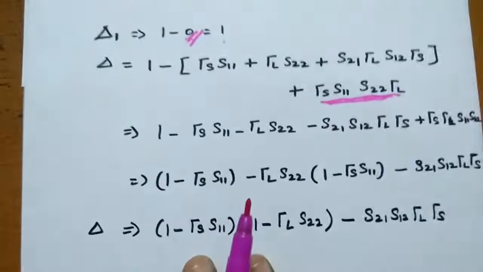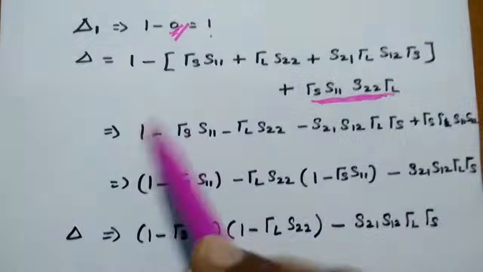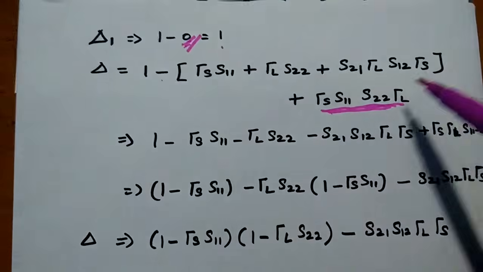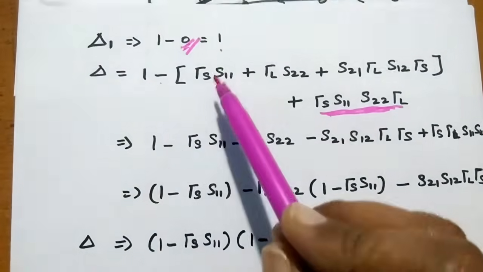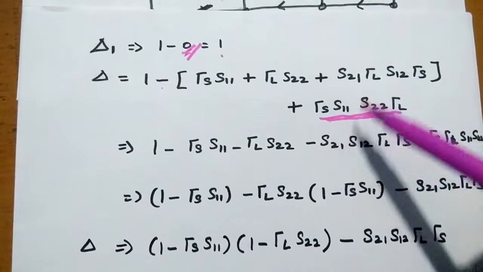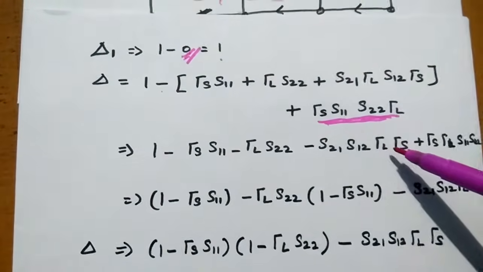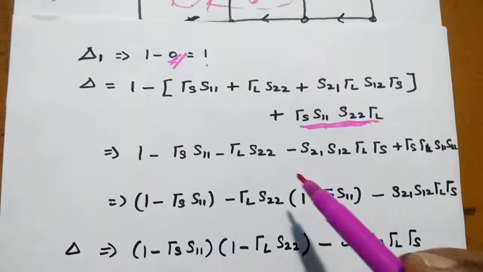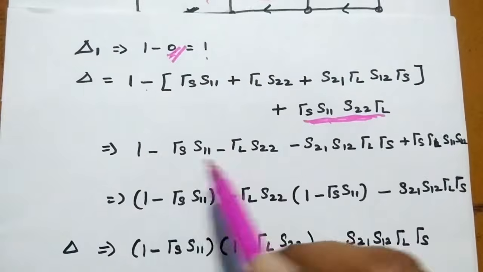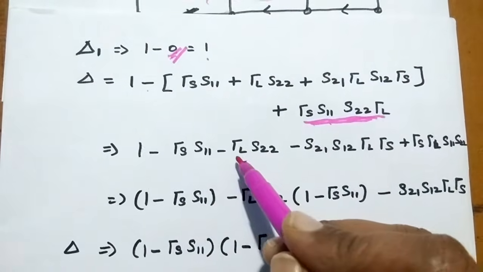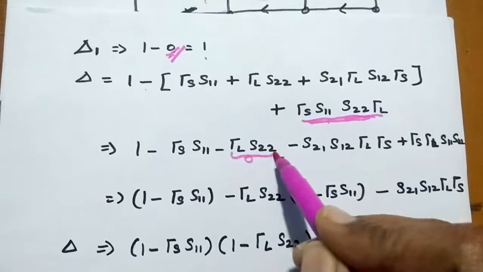Next step, we are going to multiply this minus inside this bracket. We can get 1 minus gamma S S11 minus gamma L S22 minus S12 S21 into gamma S plus this value. And then we are going to simplify further. So here we can write this value as such: 1 minus gamma S S11. Next this is gamma L S22.